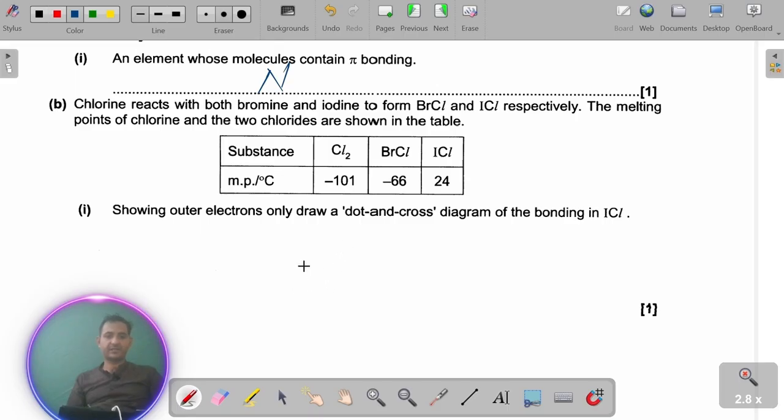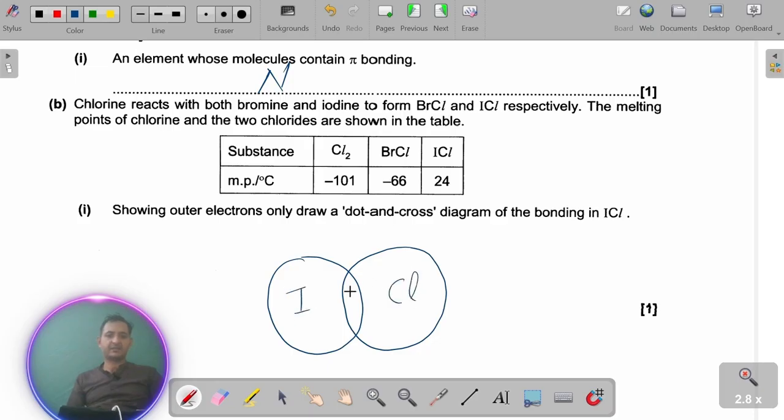This is the bond between I and Cl, making a single bond. Okay, so the remaining I can say 1, 2, 3, 4, 5, 6, and 1, 2, 3, 4, 5, 6.